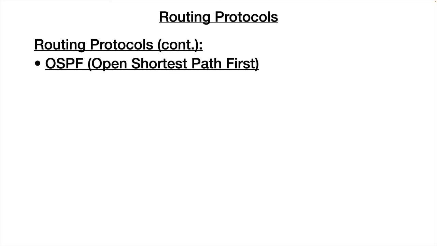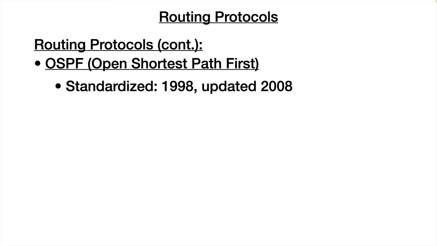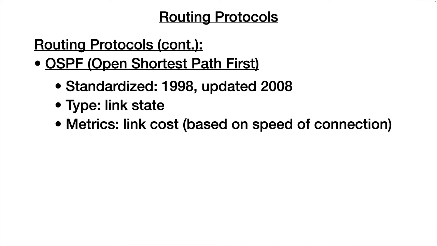The next one we want to talk about is OSPF. OSPF stands for Open Shortest Path First. It came out in 1998 and was updated 10 years later in 2008. The first two we looked at were distance vector, using hop count. OSPF is a link state protocol, and it calculates a link cost that is based on the speed of the connection.